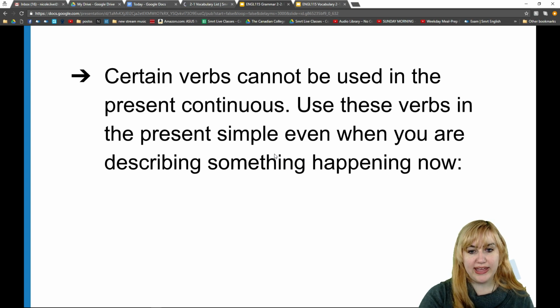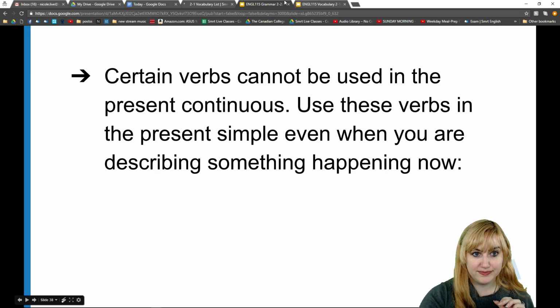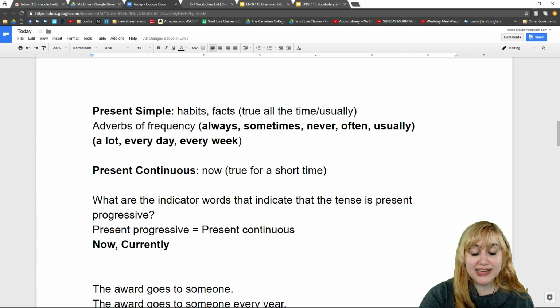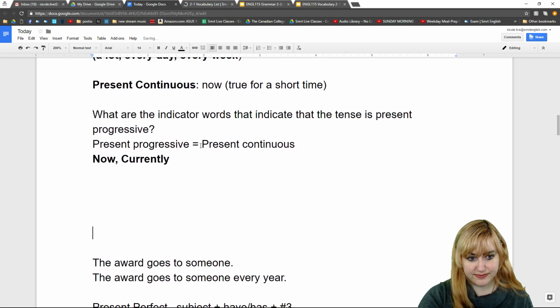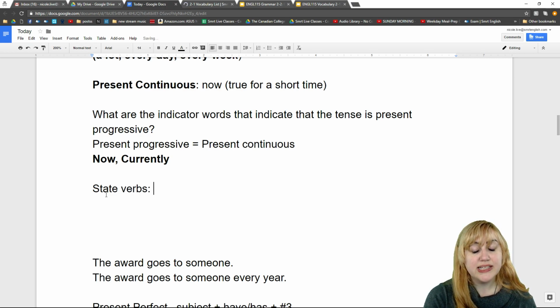Whew. Okay, that's a lot of words. Let's make it easier. Let's make it smaller. In English, we have special verbs called state verbs. State verbs, we use simple grammar.